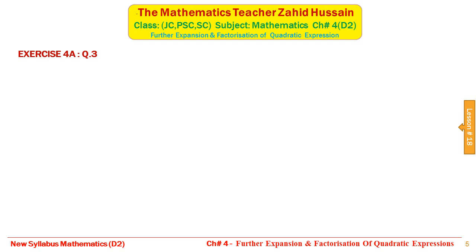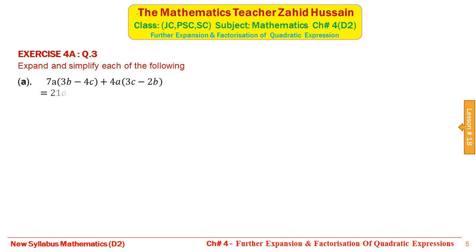Question number 3 of exercise 4a. You are asked to expand and simplify each of the following. Look at this. We have just expanded this type of expression in question number 2. We will expand this, and we will expand this separately.